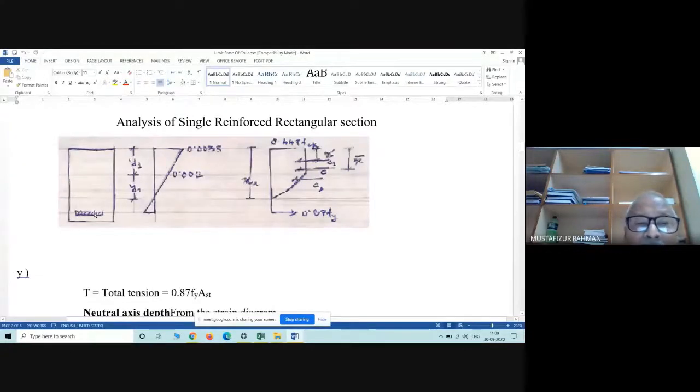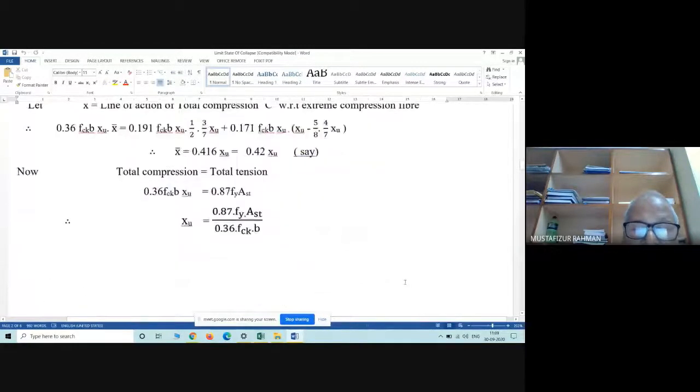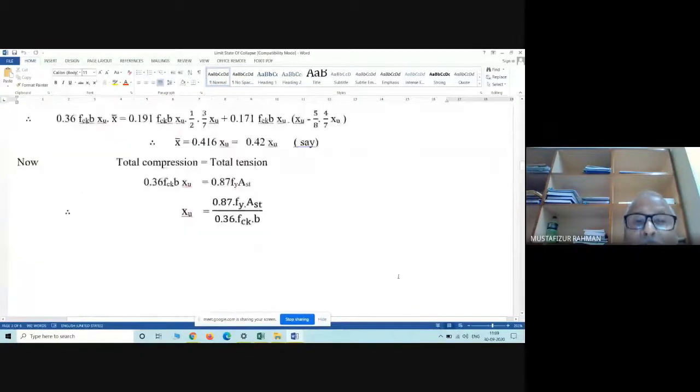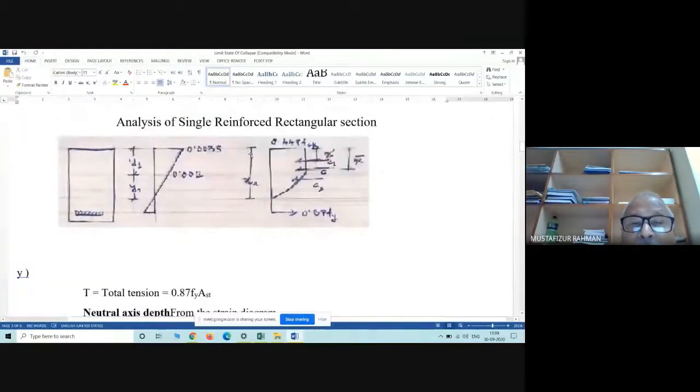Okay. So what I have written here? xu maximum by d minus xu maximum. That means this depth xu maximum divided by d minus xu maximum, that means from here to here. So if it is this and the denominator is this, then we have to consider this and this.